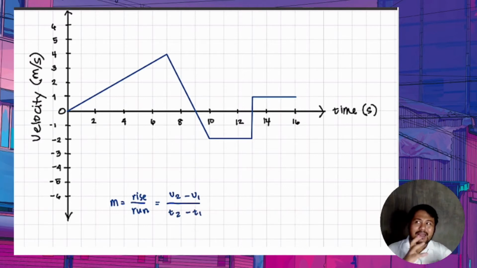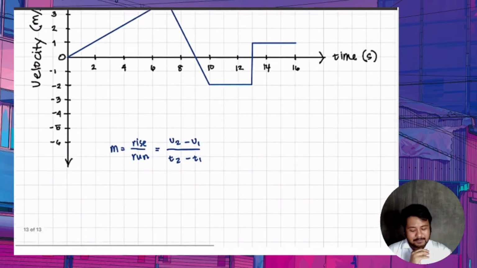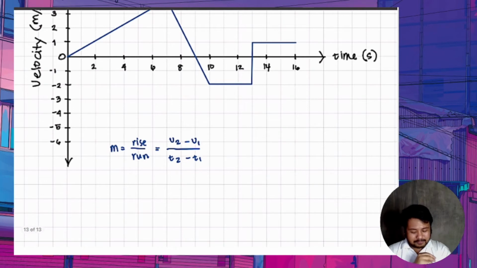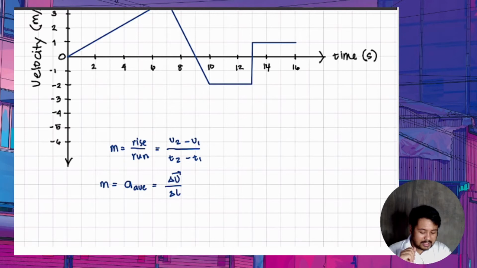Meaning to say, gaano ba kabilis nag-change ang velocity ko with respect to time? So, I should be talking about the acceleration this time. So, meaning to say, ang slope ko is just equal to an acceleration. This time, average acceleration. That is just equal to delta V over delta T.